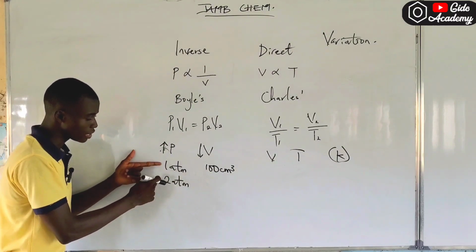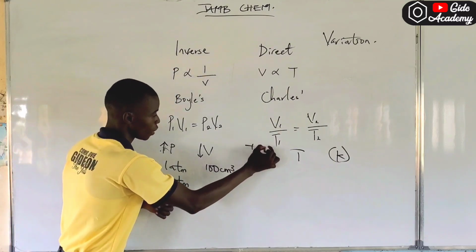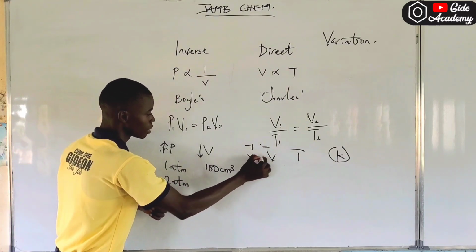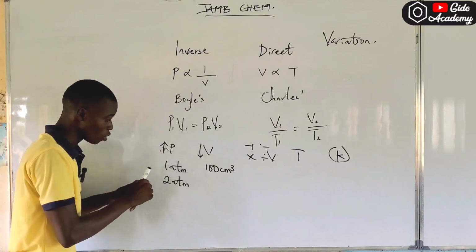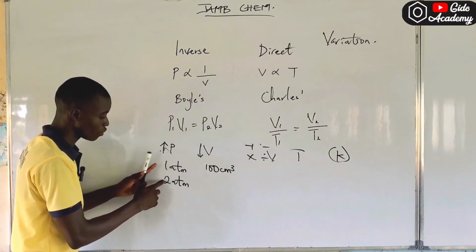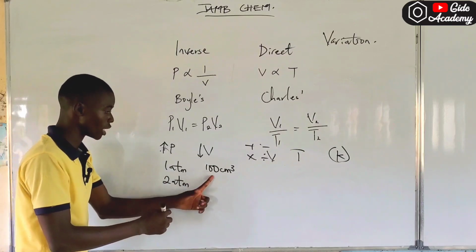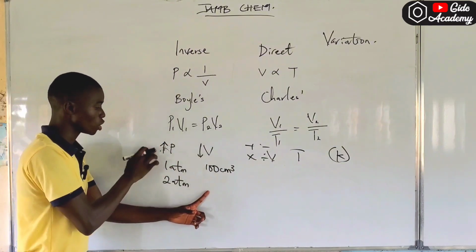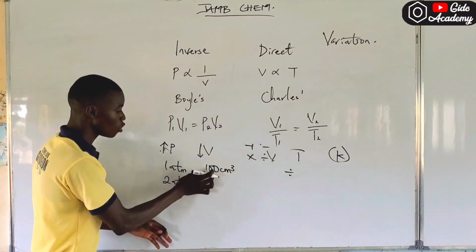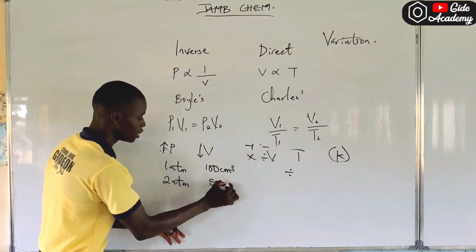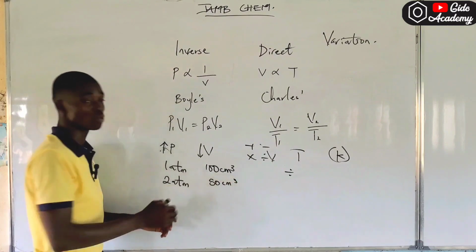We are not going to use plus, we are not going to use minus. It's either we use times or divide. So this one increases by times 2, so that means you multiply 1 by 2 to give us this 2 here. Then in this very one, it will now be the opposite, so it's going to be decreasing. That is a divide. If you divide 100 by 2, you are going to have 50 centimeter cube. So this is going to be your answer.